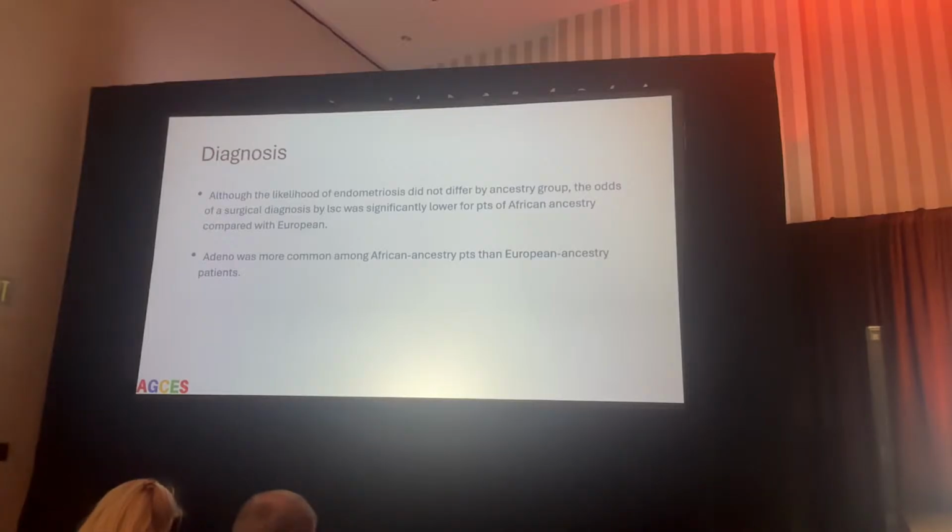When it comes to adenomyosis, it was more common among African ancestry patients than among European ancestry patients. And that goes hand in hand with what we'd expect about the evaluation of abnormal uterine bleeding, and given the fact that adenomyosis is often discovered at the time of hysterectomy for fibroids, and as we know, fibroids are more common in patients of African descent.